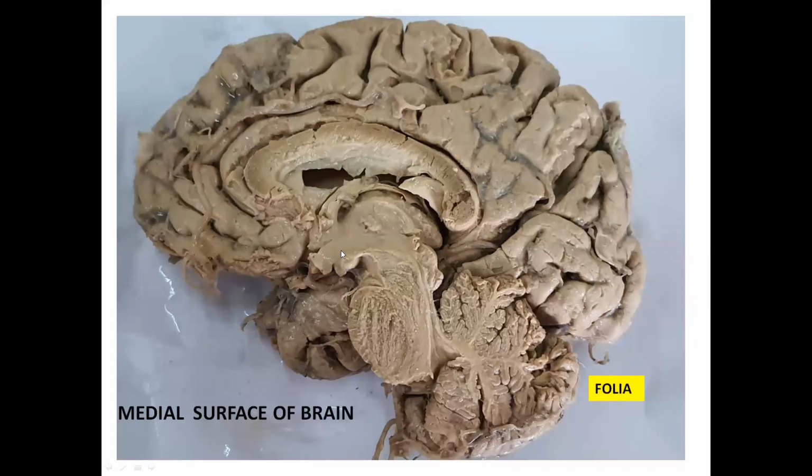Now, we have turned the lateral surface and we are viewing the medial surface of the brain. The blue arrows again pointing to a cerebrum, the cerebral hemisphere. You see the sulci and gyri of the cerebral cortex. The red arrow is pointing to an important structure, the corpus callosum.